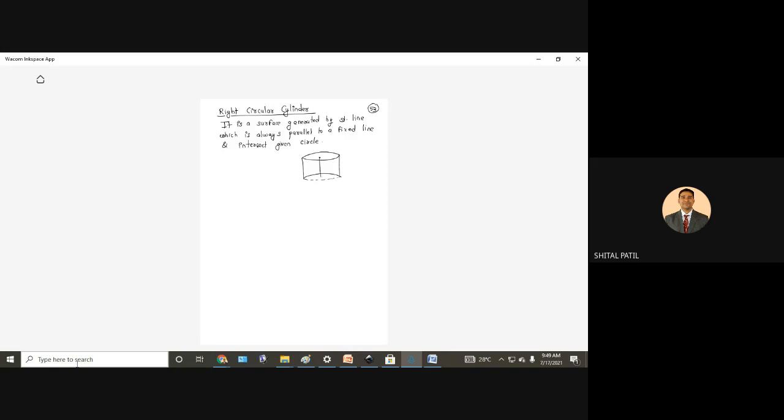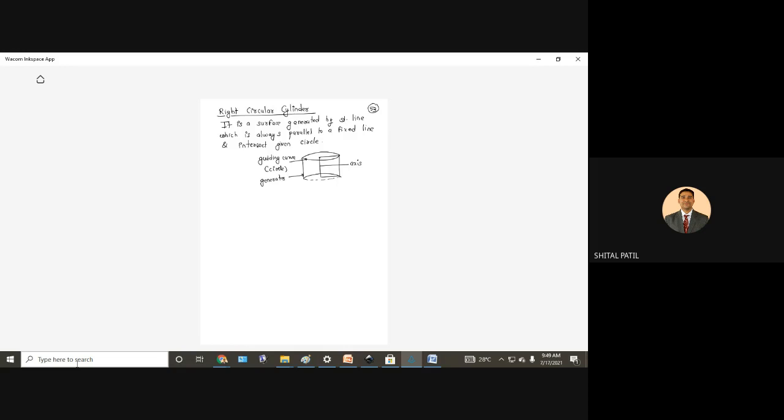This is the axis. This is the guiding curve. And what is the guiding curve? A circle in this case. And any line on the cylinder is the generator.